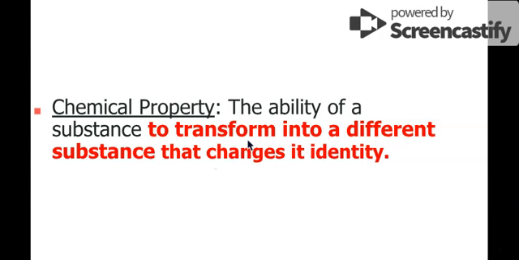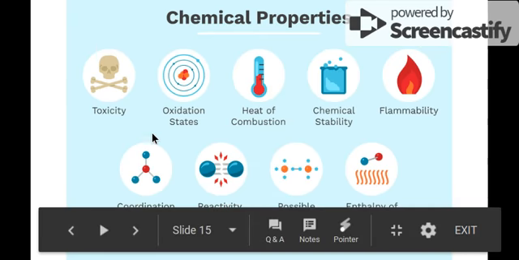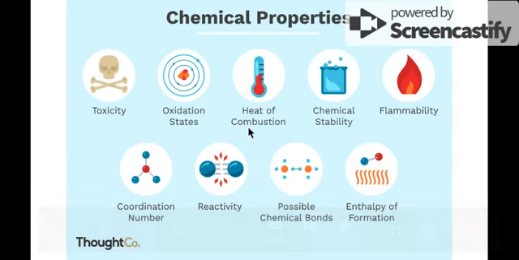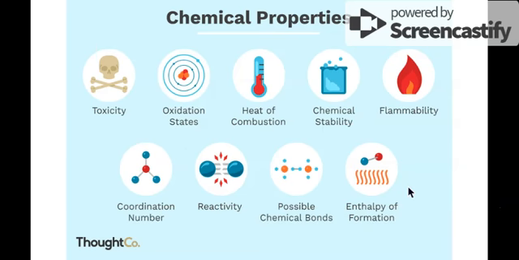This is where the chemical bonds that are holding the substances together will be destroyed and new chemical bonds are formed. So, what are examples of these chemical properties? You see here toxicity, oxidation states, the combustibility or the heat of combustion of the substances, the chemical stability, we have flammability, and below you see coordination number.